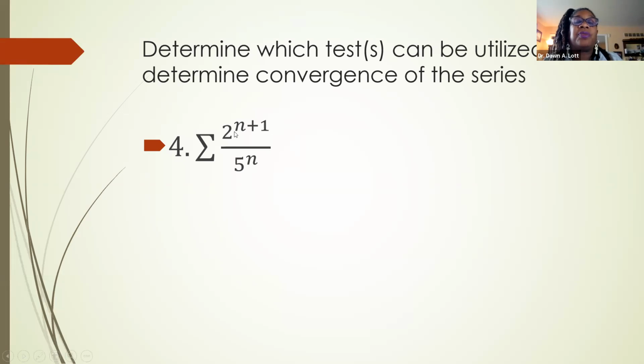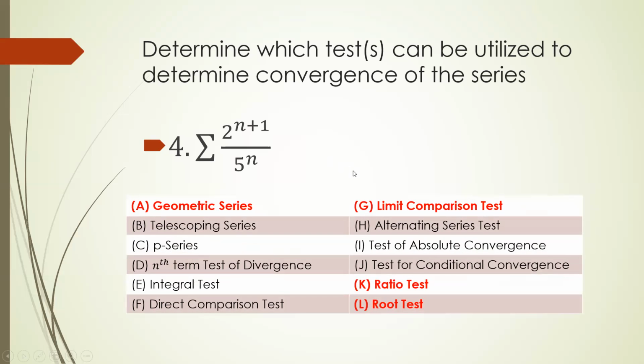I can compare this to a geometric series. Would you use direct comparison or? It would have to be limit, because you're not making this directly smaller than something else. But in the limit, it looks the same.